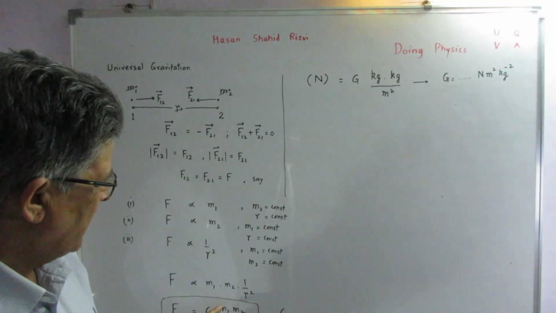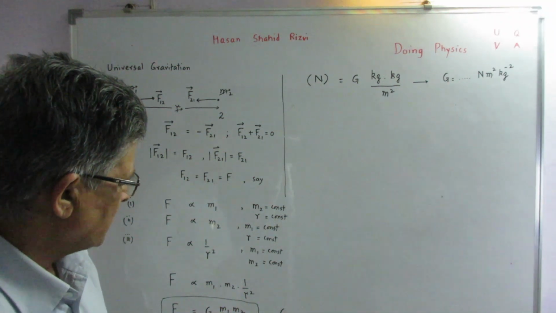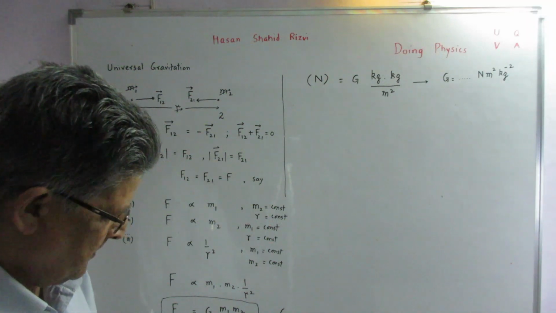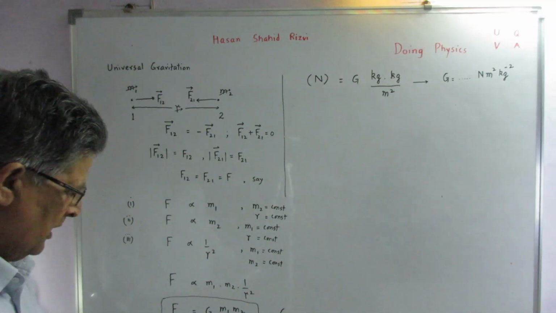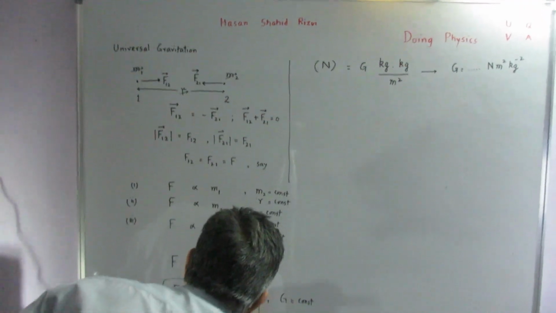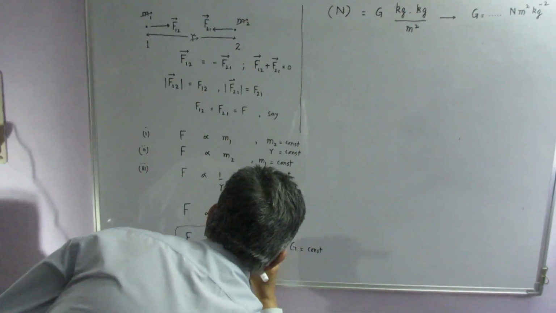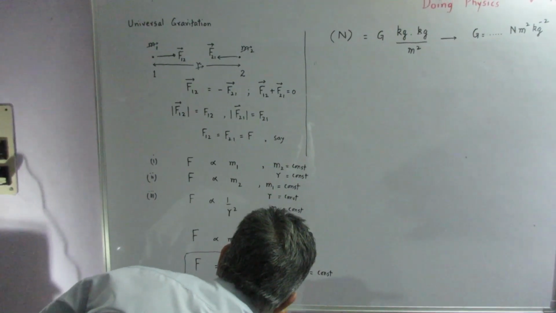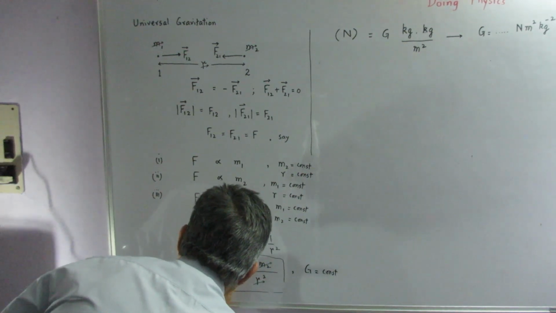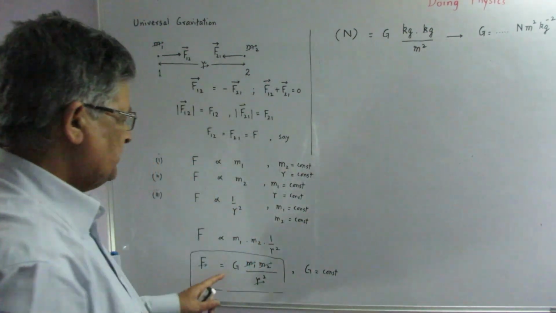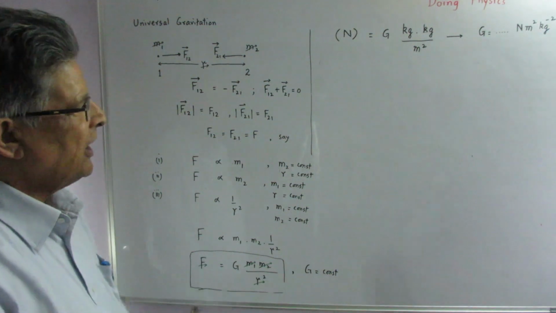variables, M1, M2 and R. These are all variables. So M1 will change, M2 may change, R may change, and so F will change. But capital G will remain a constant.